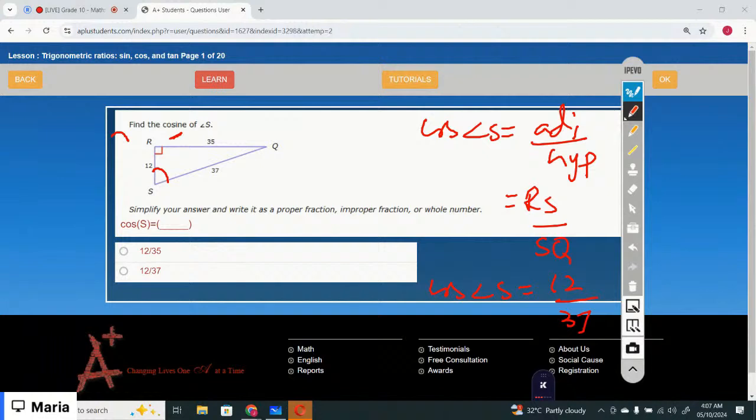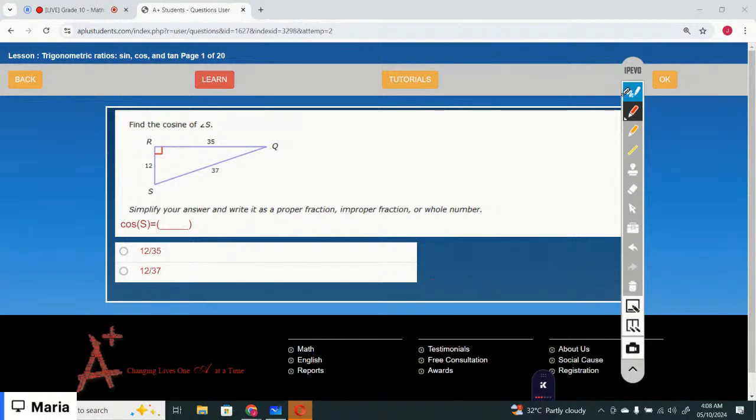Got it? The correct option is option number 2, 12 over 37.